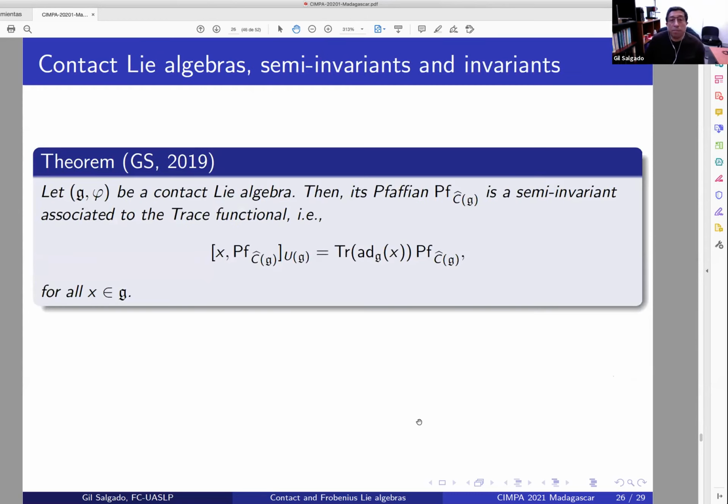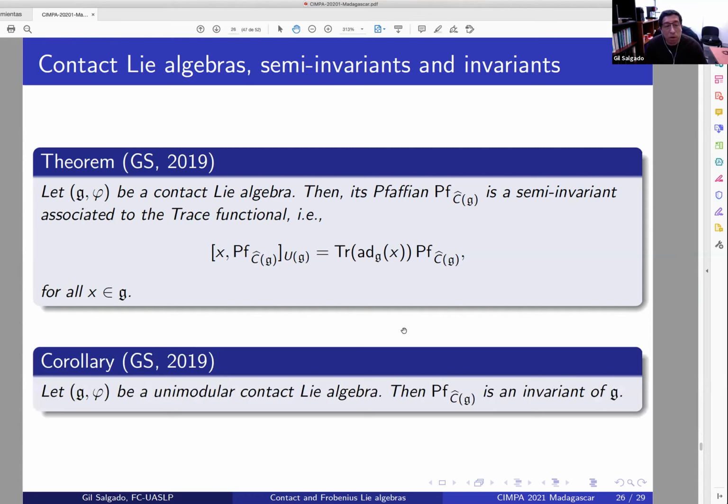Okay, as a final part of this talk, let me talk a little bit more about contact Lie algebras, semi-invariants and invariants. And we can prove that the Pfaffian associated to a contact Lie algebra is again a semi-invariant associated to the trace functional, so it satisfies the same equation.